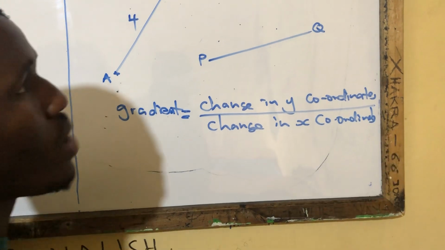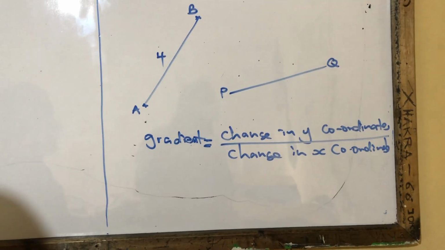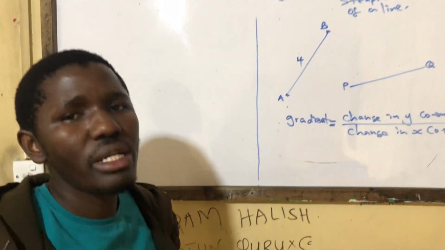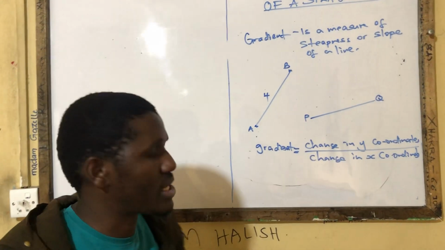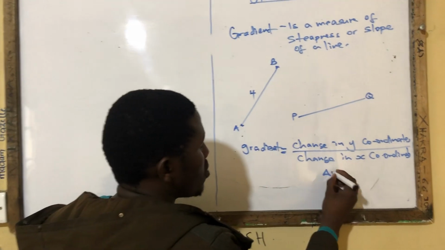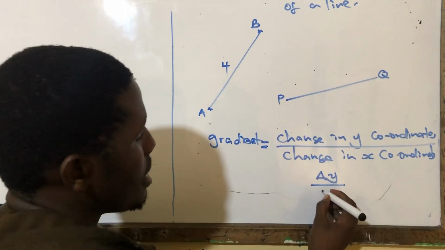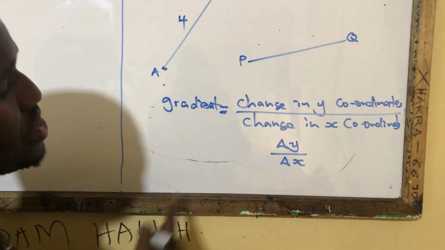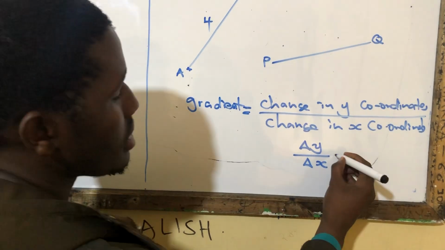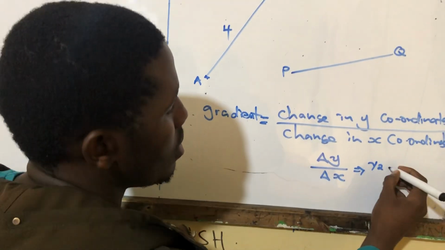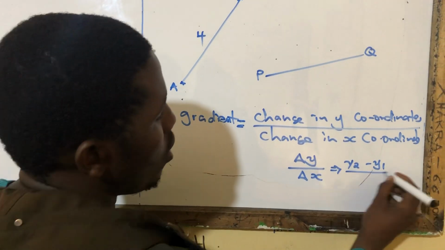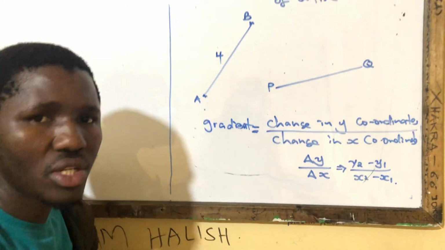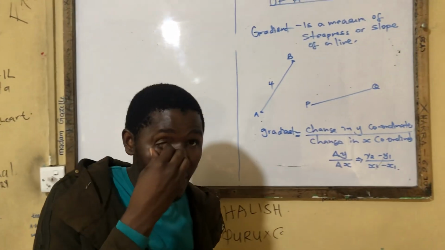This can be symbolically represented as change in y all over the change in x, whereby the change in y in this particular case means y2 minus y1 all over x2 minus x1. That is how to obtain the gradient of a line.